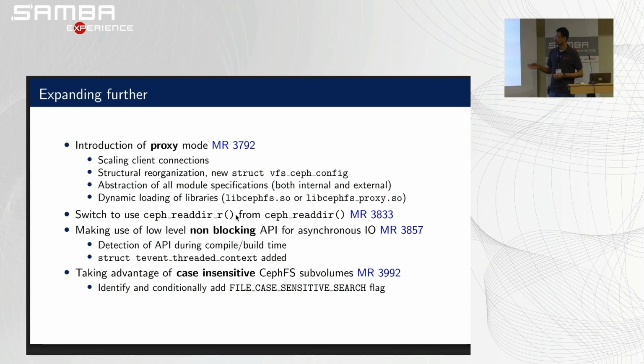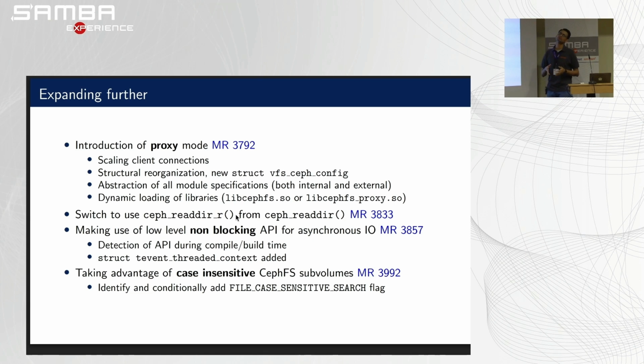And very recently, we started taking advantage of the case-insensitive CephFS volumes. This was a recent feature that got merged into CephFS. So we can make a CephFS volume case-insensitive or sensitive with a particular setting. And we identify this during the connect function, the SMB VFS connect interface.